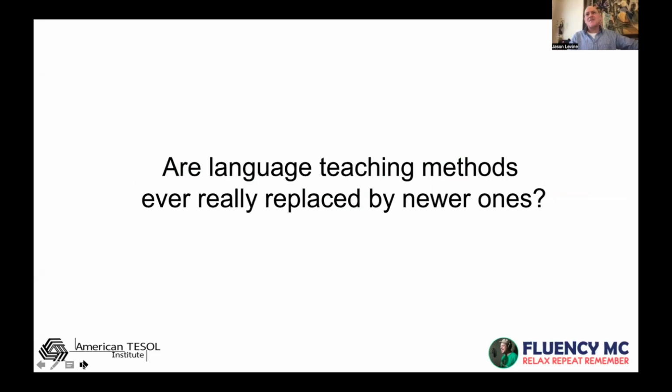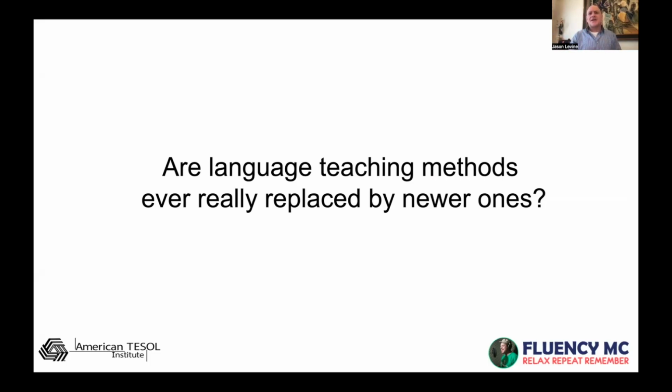And is a method the same as an approach? Or, my way of thinking about it, doesn't mean it's the right way. A method is something that's really been developed through, technically maybe, scientific research and experimentation and so on and so forth.